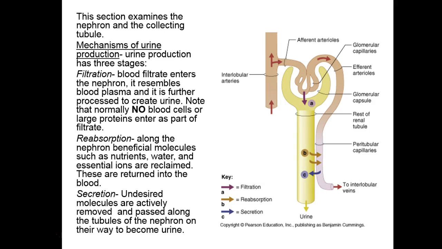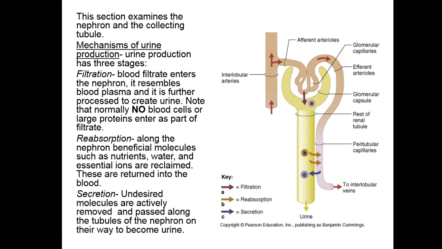In the journey through the rest of the nephron system, there will be a time when reabsorption takes place. Anything that the body can use, so nutrients, water, ions, are reclaimed and returned to the blood. These, remember, were too small. They were small enough to actually pour through the holes in the filtration process. And then secretion.